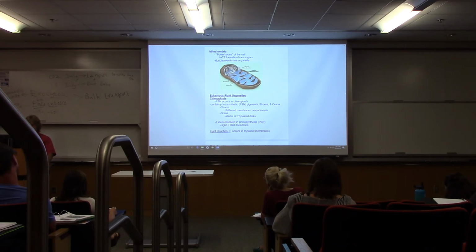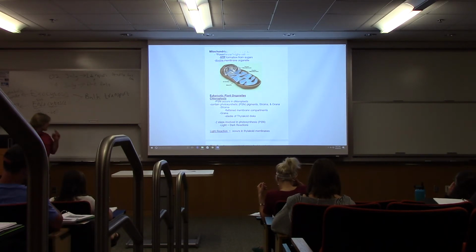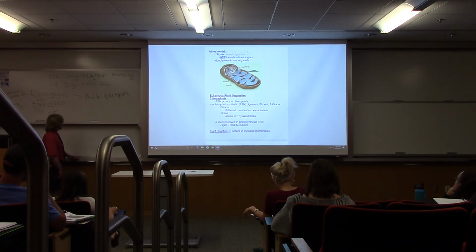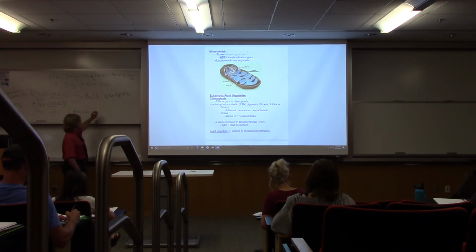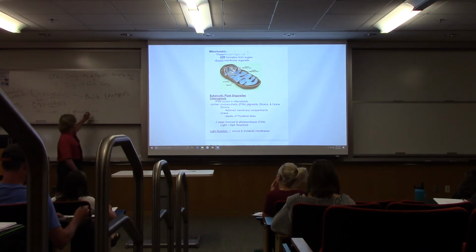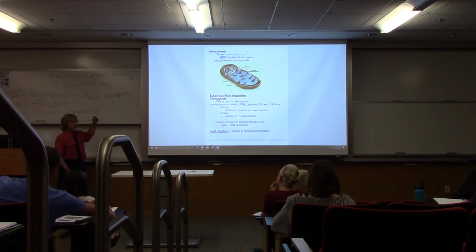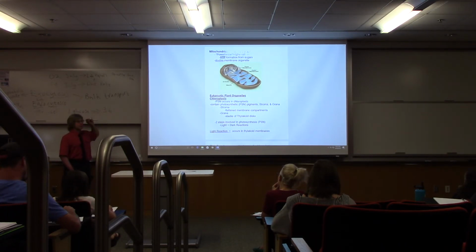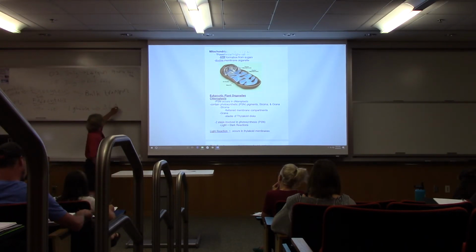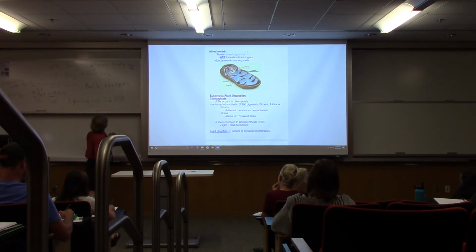Mitochondria. ATP production. For every one glucose molecule broken down through aerobic respiration, you get up to 36 ATP molecules.